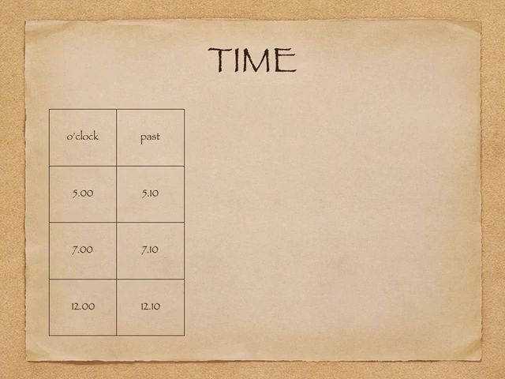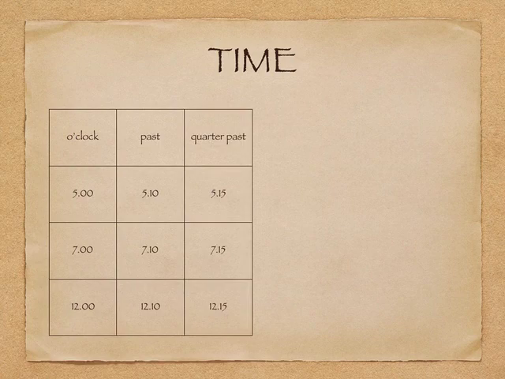Okay. Right. Next, a quarter past. So see here, 5:15, 7:15, 12:15. So in English, we can also say quarter past 5. So the first example, quarter past 5. Next, quarter past 7.